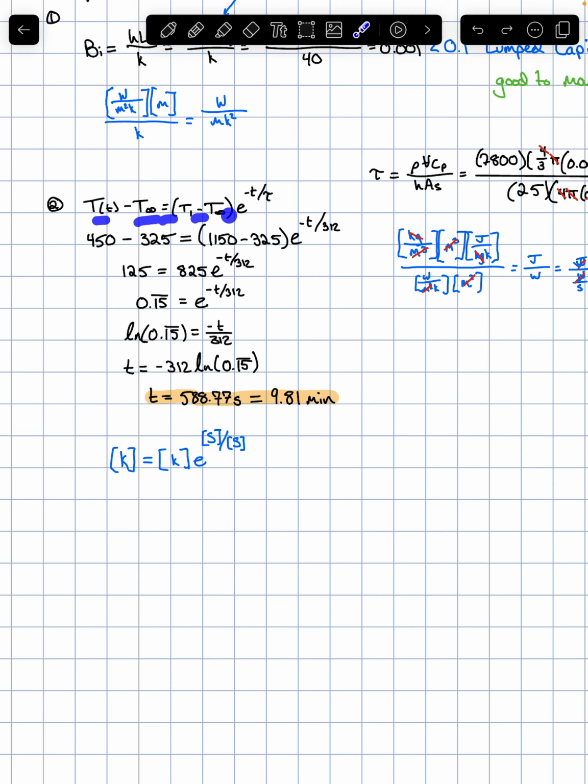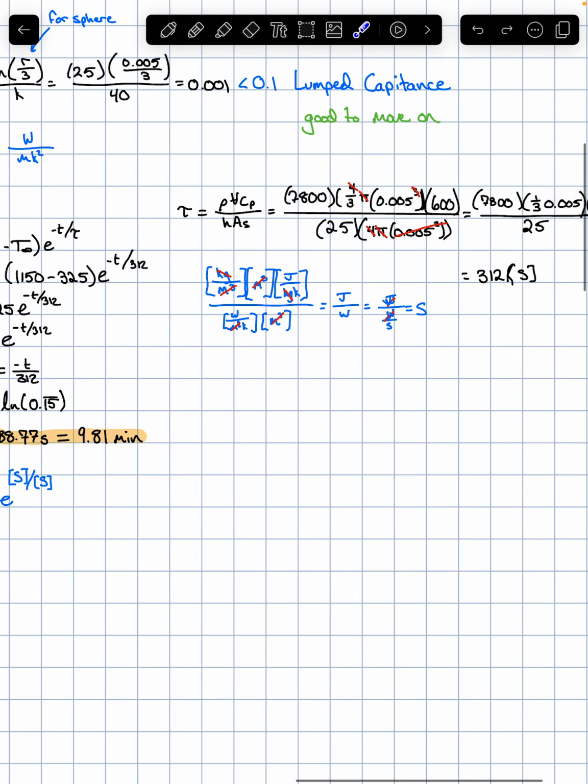Now we know all these except for the time constant. So we're going to go over here and calculate that. The equation for time constant is density of the steel times the volume of the steel times the specific heat of the steel over the convective coefficient times the area.